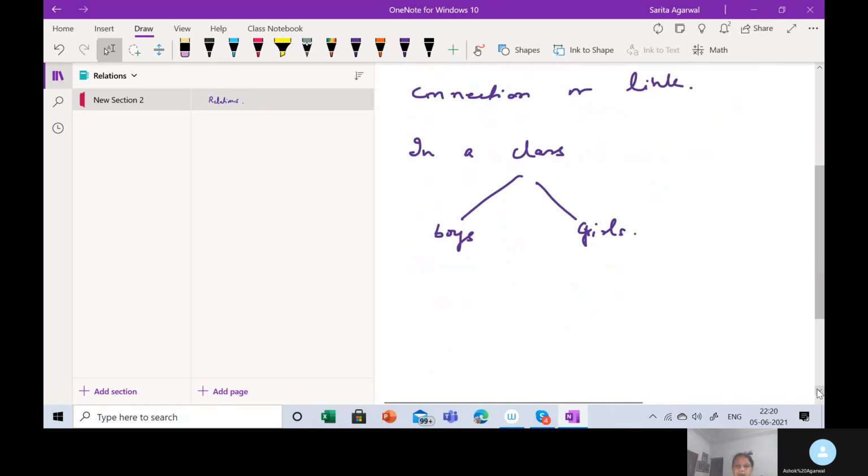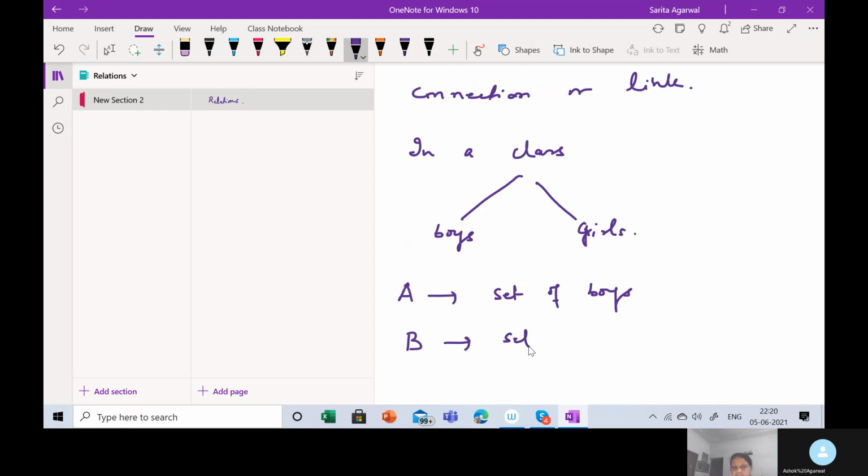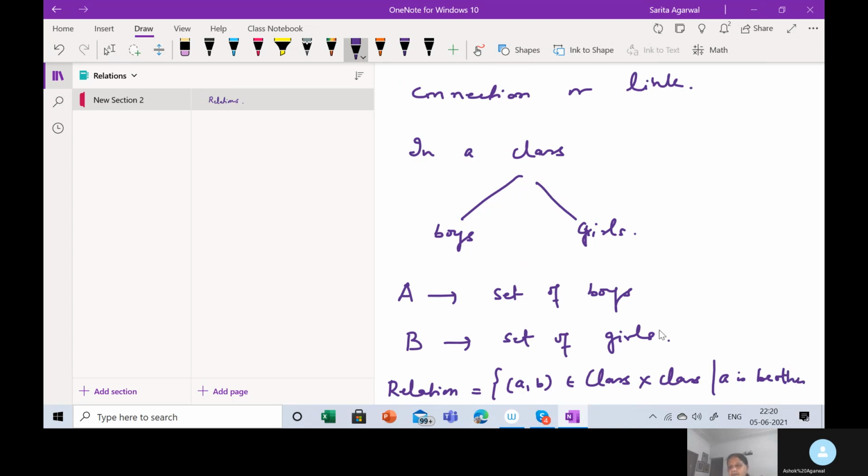If we take A as a set of boys, B consisting of girls, then the relation here, the relation set according to mathematics, is A and B chosen from the class such that A is a brother of B.